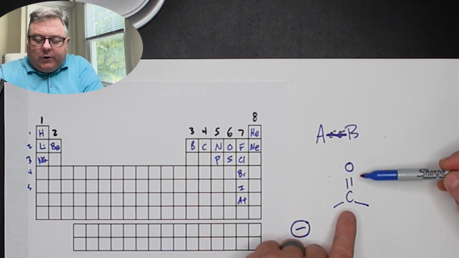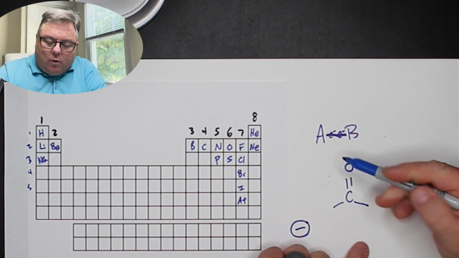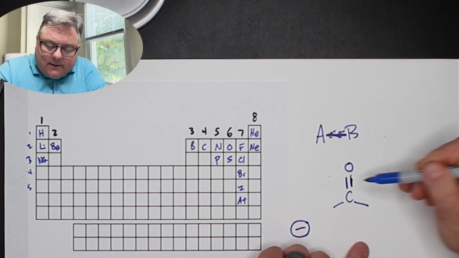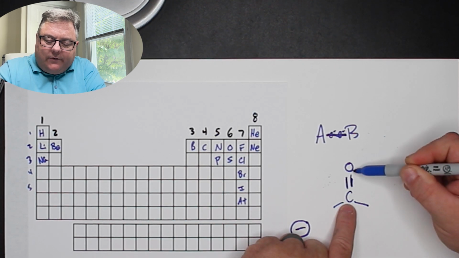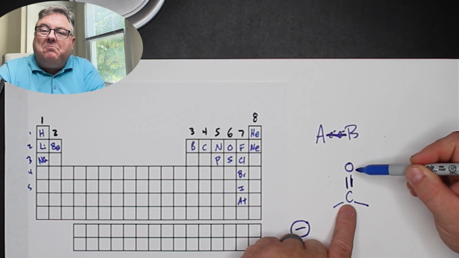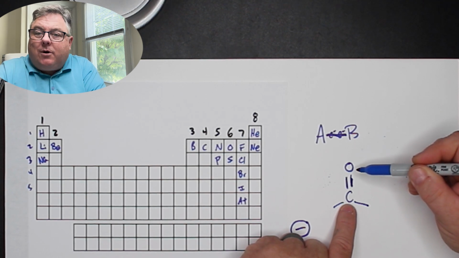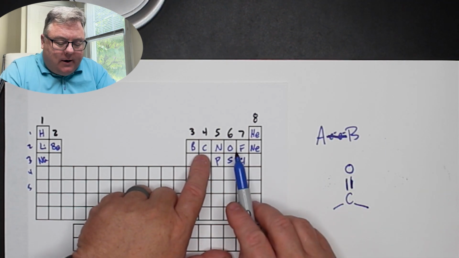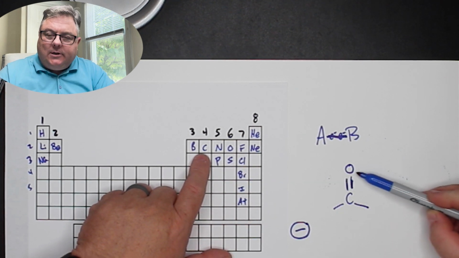Well, one thing you can do is look at the electronegativity of these two atoms fighting over these negative electrons in this double bond, these four negative electrons. In the tug of war for these electrons between carbon and oxygen, who wins? Which one's more electronegative? Which one is stronger? Well, oxygen is closer to fluorine than carbon is, so oxygen is stronger.